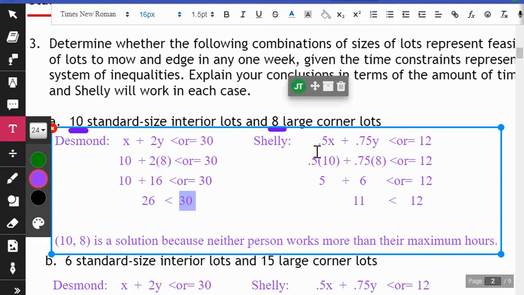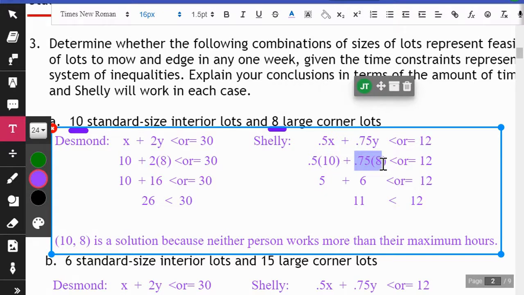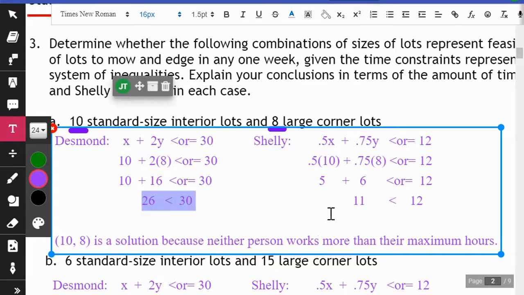For Shelley, we've got half an hour for a small lawn and 3/4 of an hour for a large lawn. So for 10 lawns, that would take 5 hours, half an hour each. And for 8 lawns, that would take 6 hours, 45 minutes each, for a total of 11 hours, which is less than 12. So Shelley and Desmond are both not going overtime.